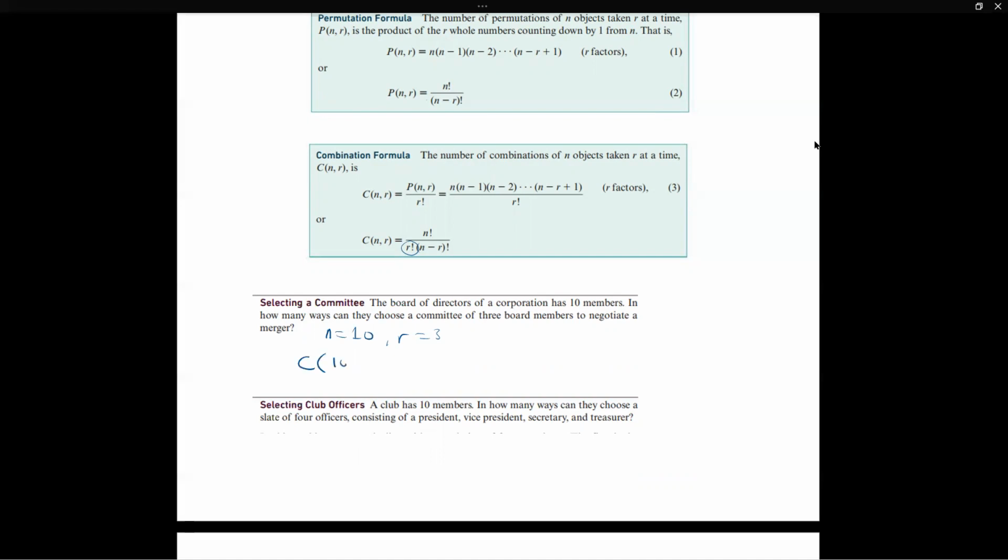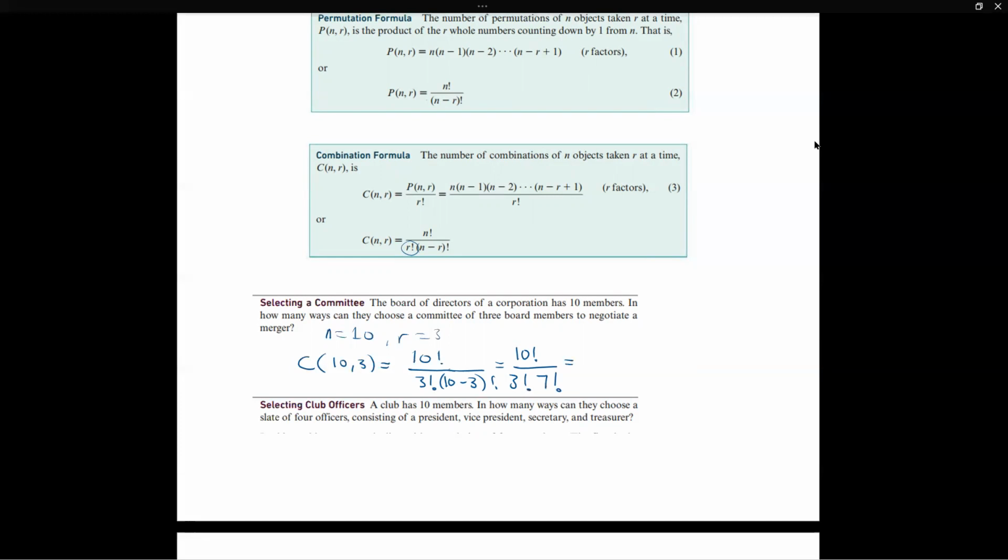So C, this way. Then it's going to be 10 factorial over, let's write the whole thing here, R factorial, which is 3 factorial, and this one is 10 minus 3 factorial, which is 7 factorial. So 10 factorial over 3 factorial times 7 factorial.